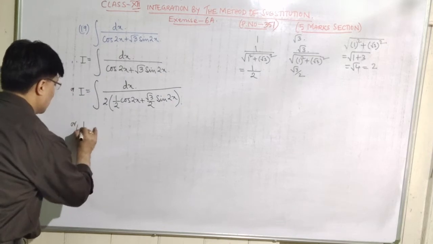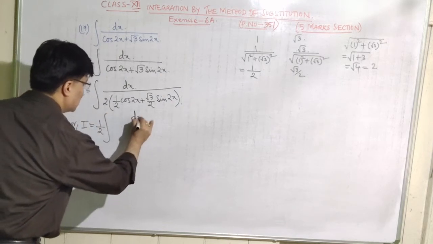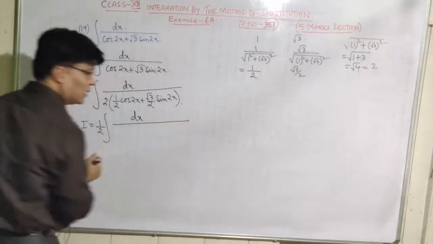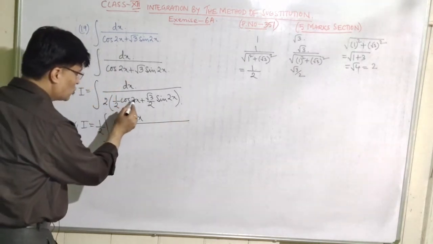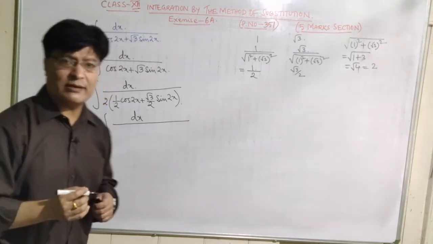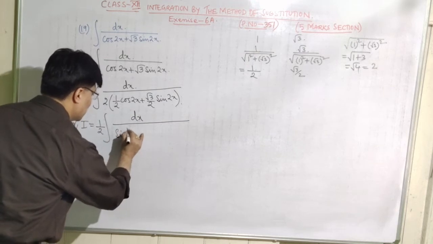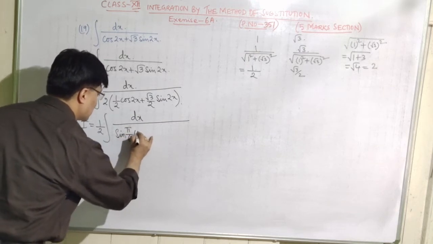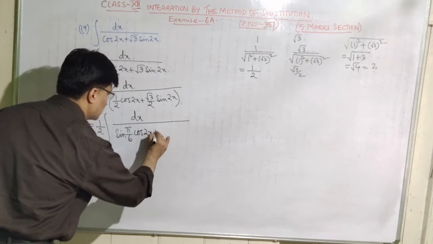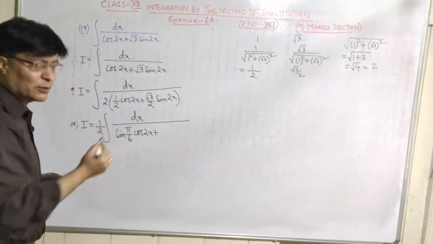So here I is equal to, this half is a constant taken outside, integration of dx divided by, since there is cos 2x here, write half in terms of sine. So sine of which angle is half? 30 degrees, isn't it? So sine of 30 degrees, in terms of radians, is pi by 6, cos 2x plus, since there is sin 2x, you have to write root 3 by 2 in terms of cos.